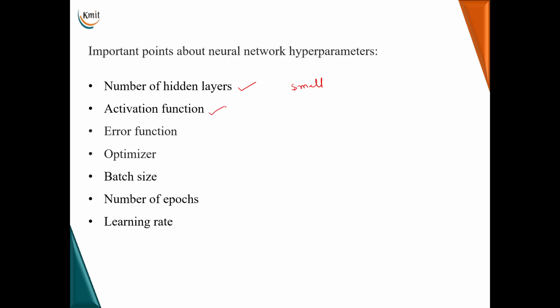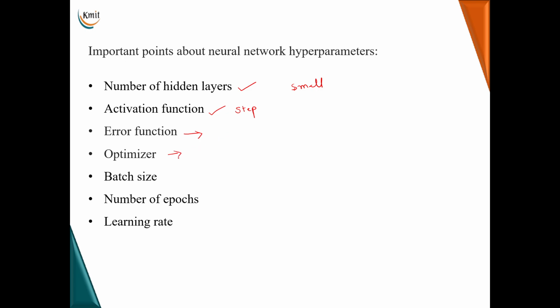Coming to the second hyperparameter, which is the activation function, which is of many types. The type we have learned till now is the step activation function. The remaining activation functions will be studied in the next session. This activation function will find the active nodes present in the hidden layer. Coming to the error function, this error function will give you the measure of how far the network's prediction is from the true value.